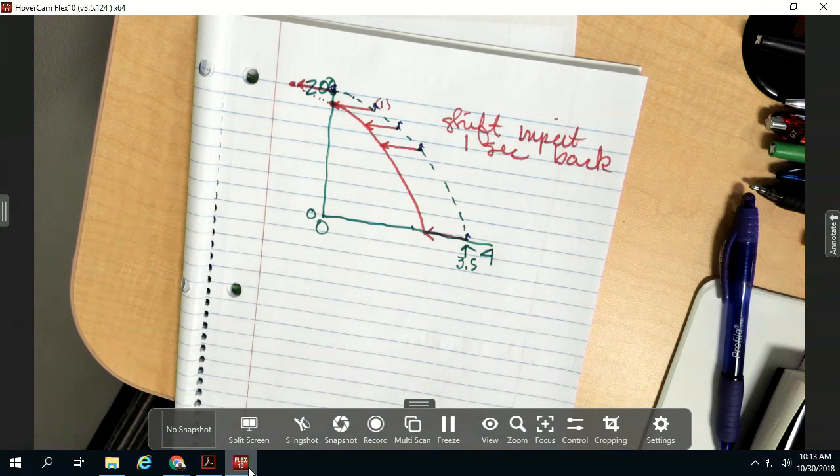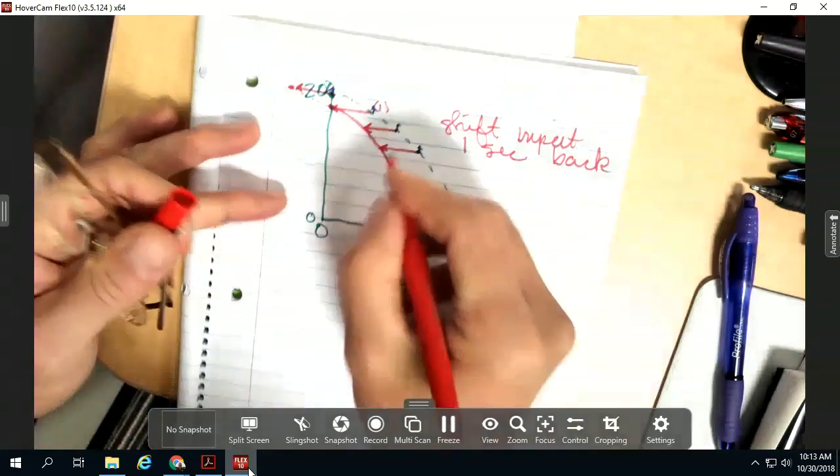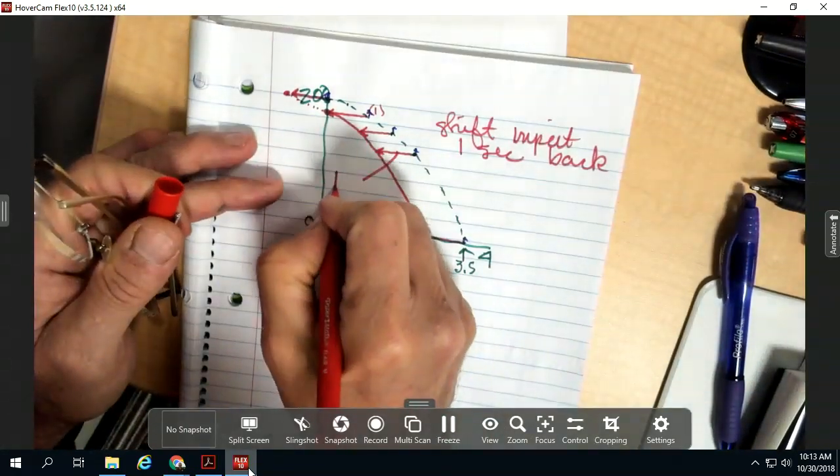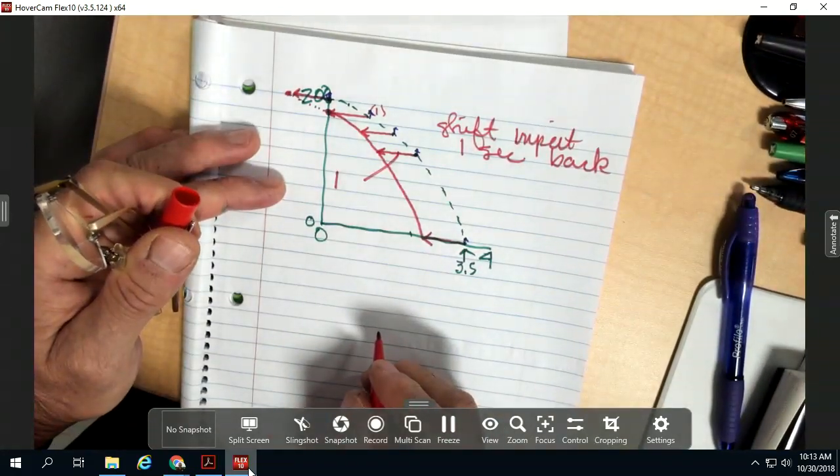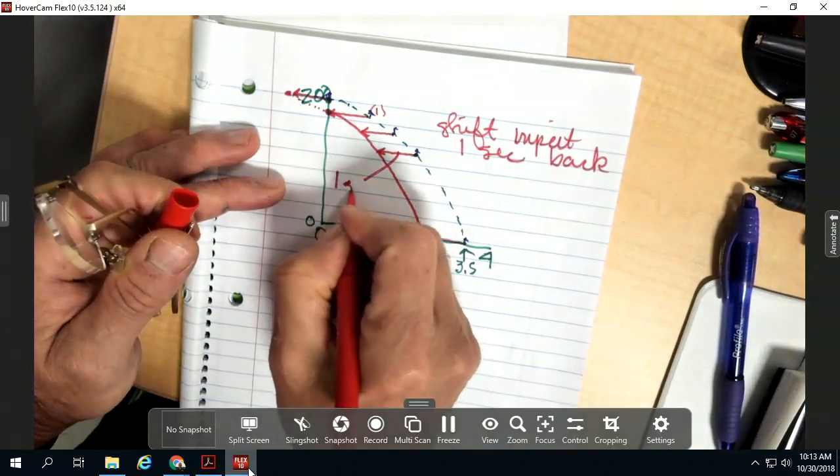In other words, when I let go of the rock, instead of letting it go from 200 feet, I let it go from 201. Okay? Here's the thing that people don't realize. This 1 is 1 second.